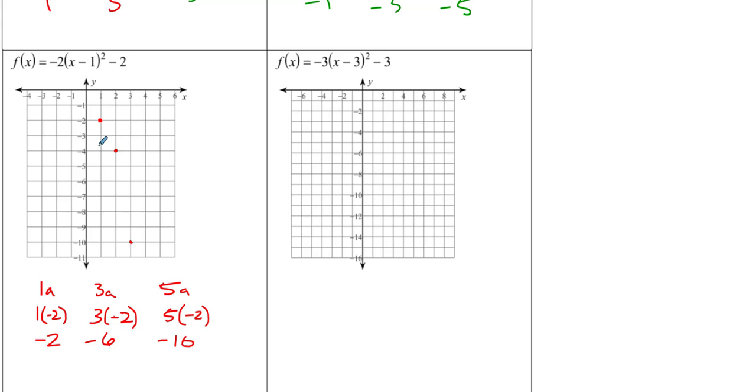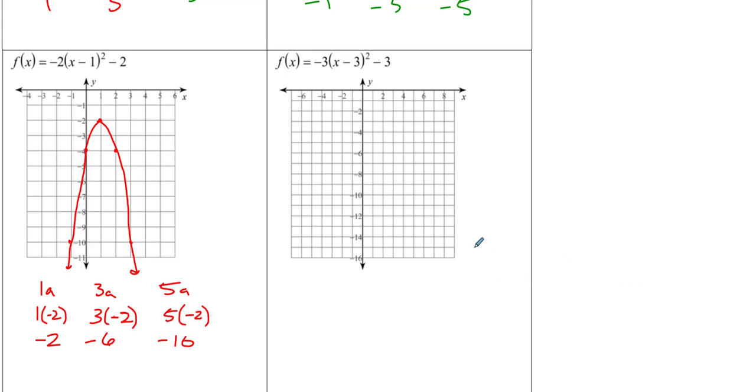So then now we want points on the other side, so we hop 1 to get to the middle, hop 1 to the left. Hop 2 to get to the middle, hop 2 to the left. 1, 2, 3, 4. Boom. And then we can draw this very beautiful looking quadratic.